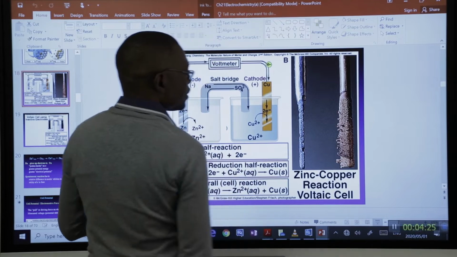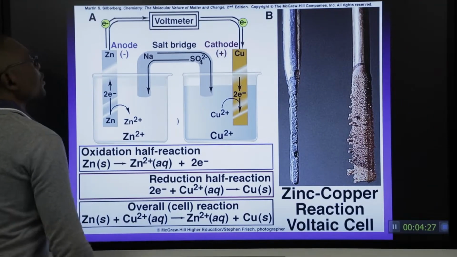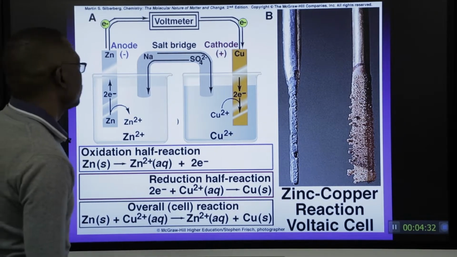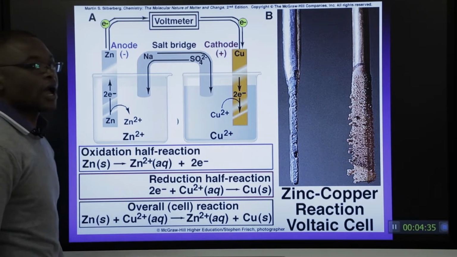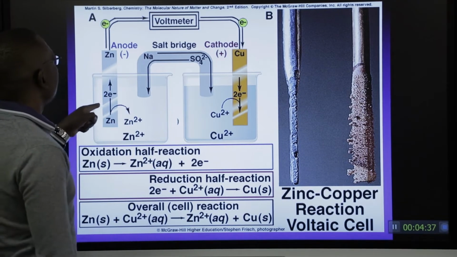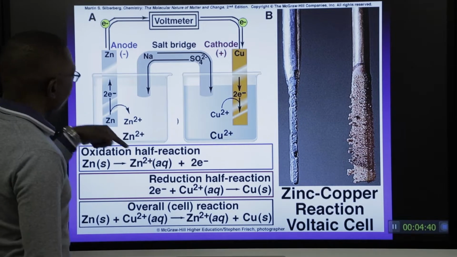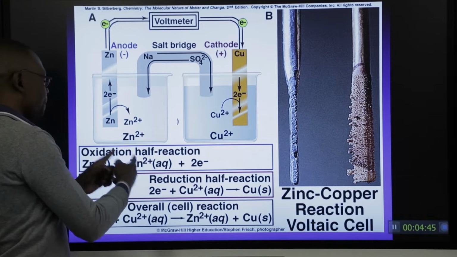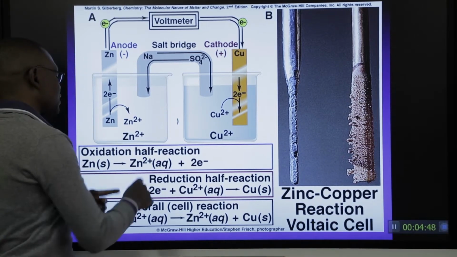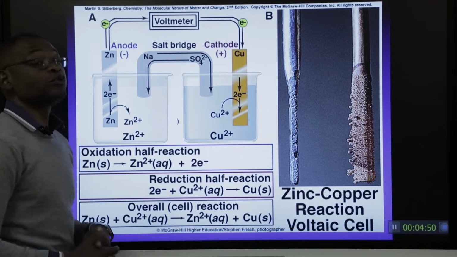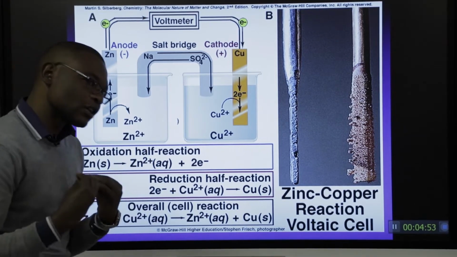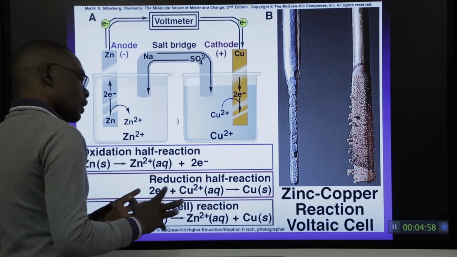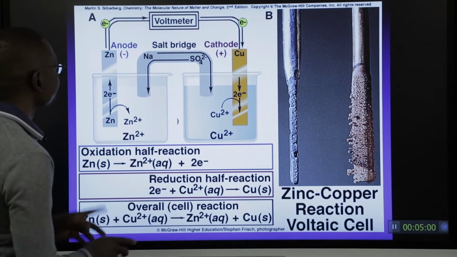You remember this, where we've got a copper cathode and a zinc anode, we actually saw the zinc going into solution through this half reaction, where zinc solid dissolves to give us zinc ions and the liberation of 2 electrons. And the electrode itself, look what happened to it. It started getting thinner and thinner.